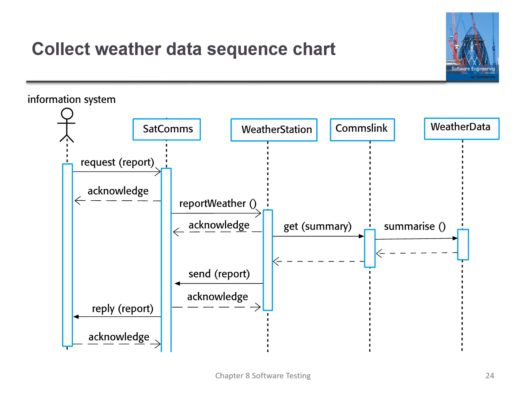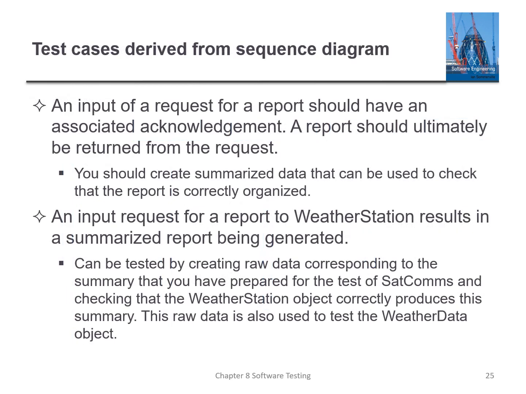This one is the collect weather data sequence chart. So if you want to collect weather data, these are the components which are involved. What are the message passing between them? This information can be used to generate the test cases. So you can derive the test cases from the sequence diagram.